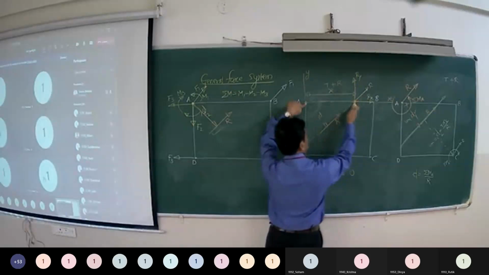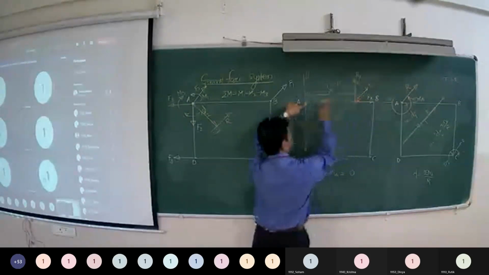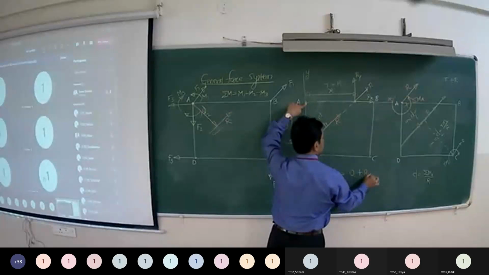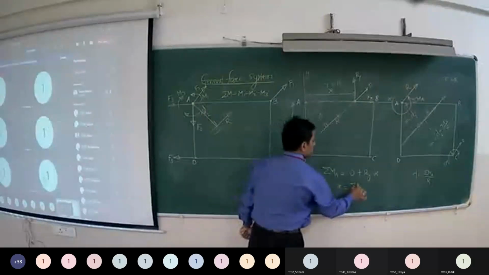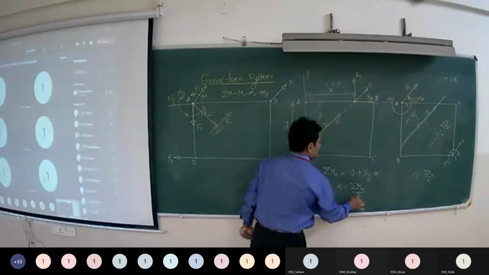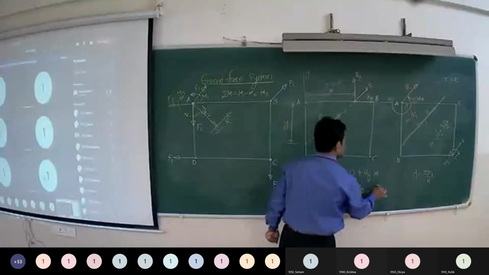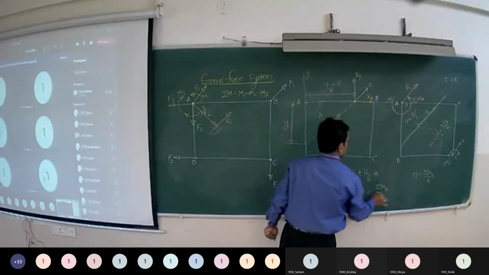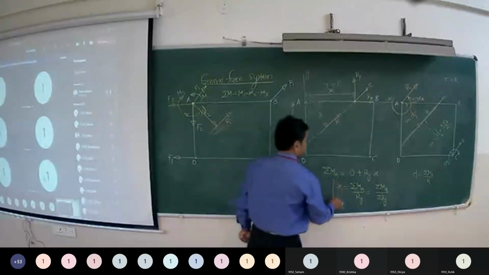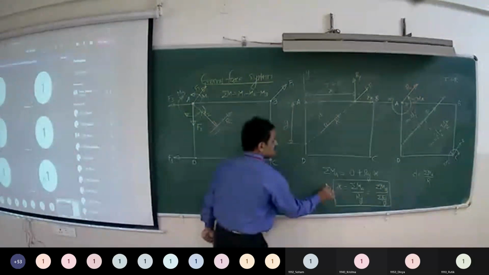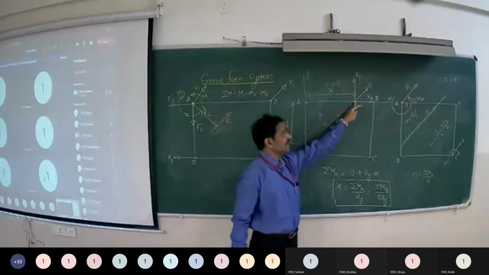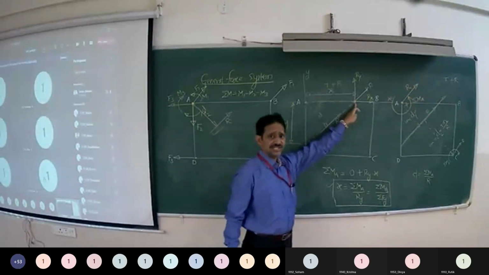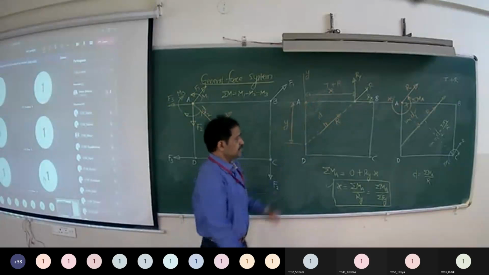Moment of Ry, the y component, about A is Ry into x. So plus Ry into x. This gives you x is equal to summation MA upon Ry. What is Ry? Ry is nothing but summation Fy. So by this x also you can locate the position of the resultant. The line of action of the resultant is at a distance x horizontally from point A.